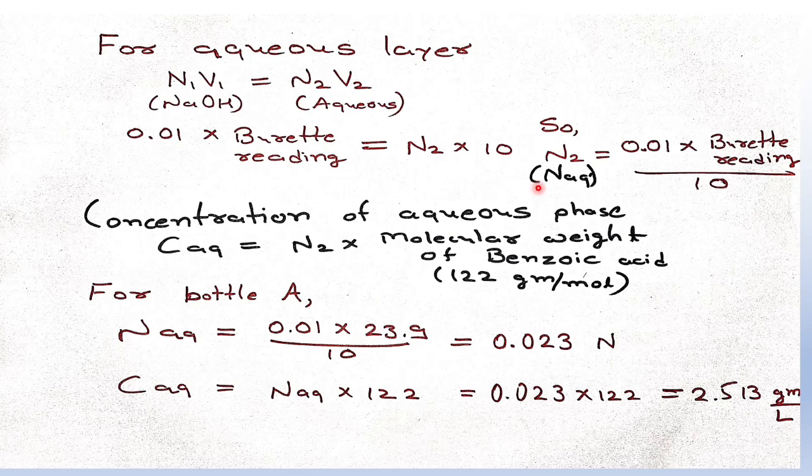To find the normality, we can simply use this equation: 0.01 into burette reading divided by 10. We'll find the concentration of the aqueous layer similarly to the organic layer, simply by multiplying the normality with the molecular weight of benzoic acid, which is 122. We have calculated the same for bottle A. We have calculated the normality and concentration of the aqueous layer, and we'll write these values in the observation table.